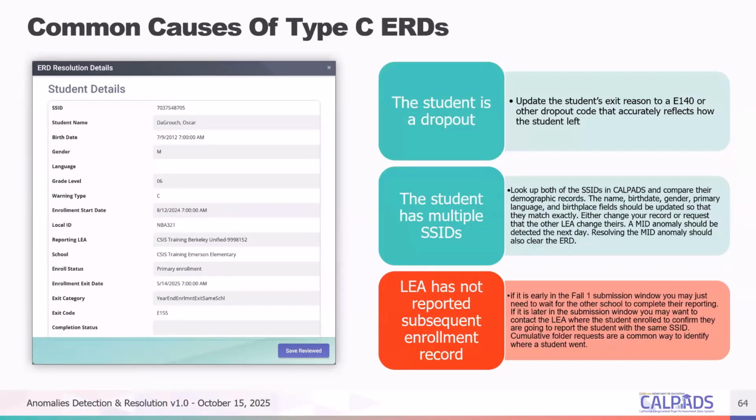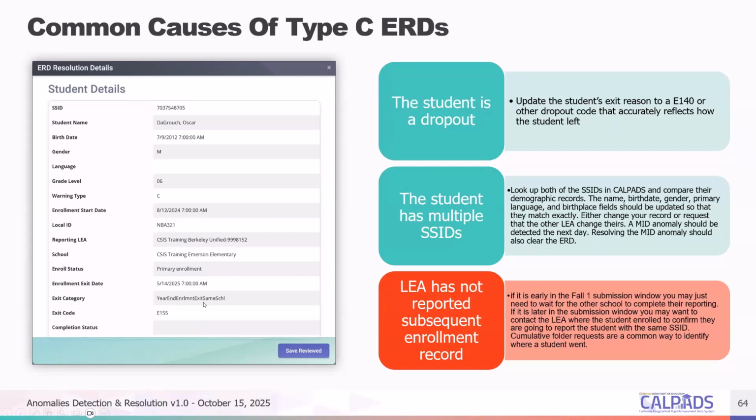Common types of C, right? So a student is a dropout. So meaning, let's say a student was unintentionally exited with an E155, however, the student really was SARBed, then of course you mark this as an E140. Or let's say you have an E155 and you just did not submit the new enrollment this year, then by all means submit that new enrollment.